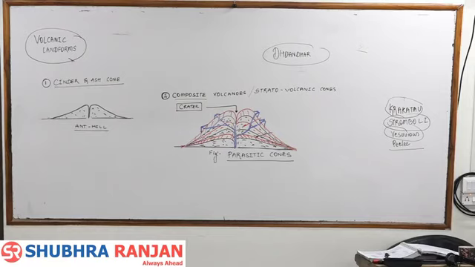Example इसका Mount Shasta, Mount Krakatoa. Anak Krakatoa is a parasitic cone. Shasta.